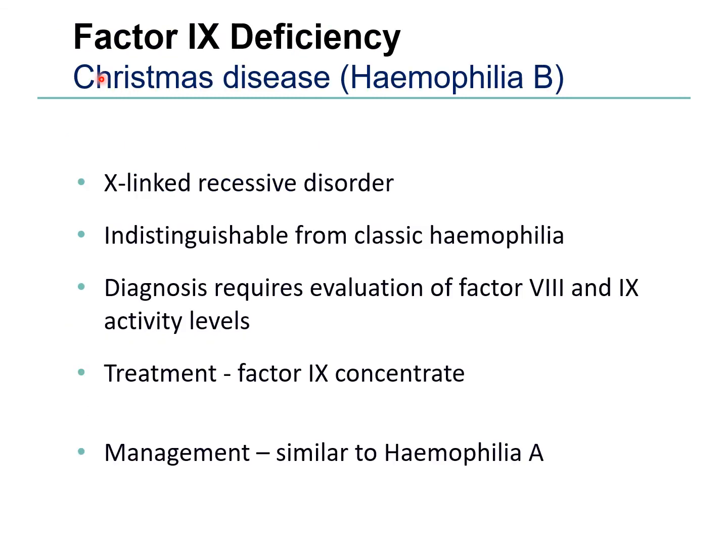The second most common inherited coagulation disorder is factor 9 deficiency or Christmas disease, also known as Hemophilia B. It is also transmitted as an X-linked recessive disorder like Hemophilia A and may be indistinguishable from classic hemophilia, which is Hemophilia A. Diagnosis is dependent on the hematologist evaluating the levels of factor 9 and factor 8 in the blood plasma.